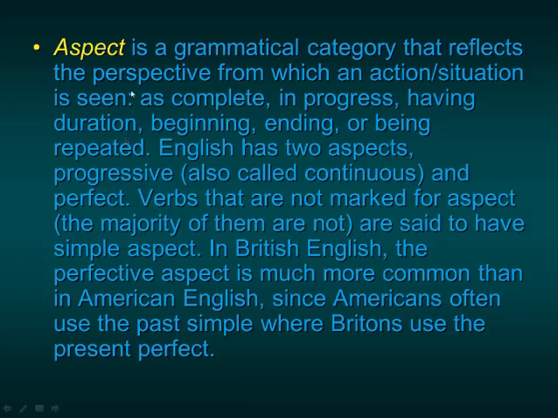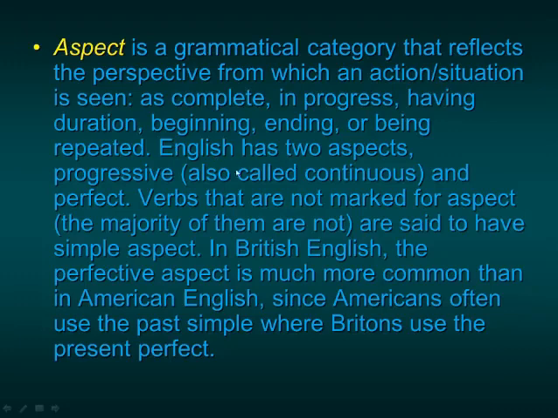Aspect means how this verb is changing. Sometimes it will be in progress. For example, do will change as doing. That is in progress. You understand? Some verbs will show the duration. Some will show the beginning and ending or being repeated. All these are related to aspect.